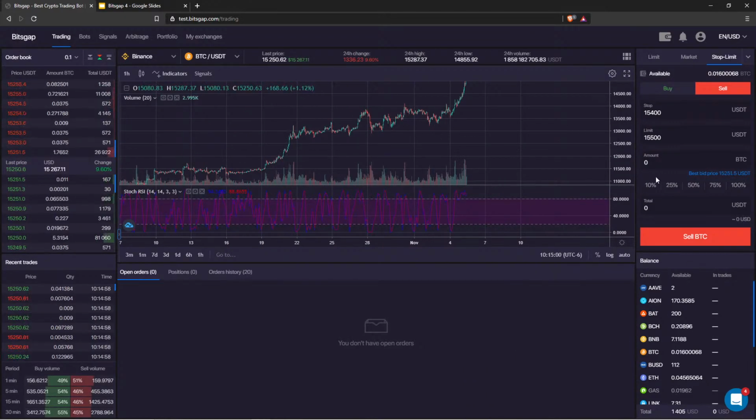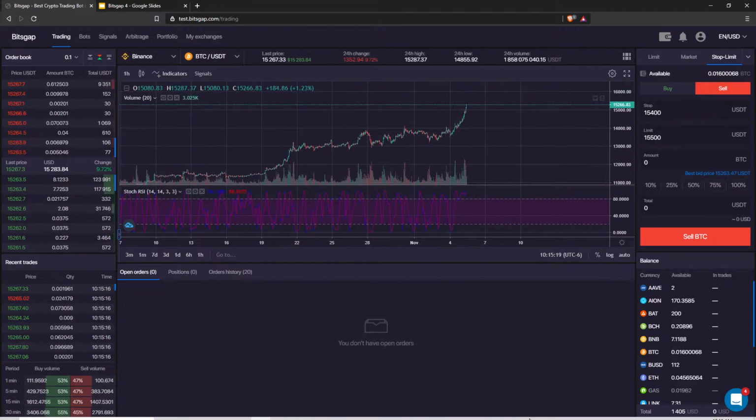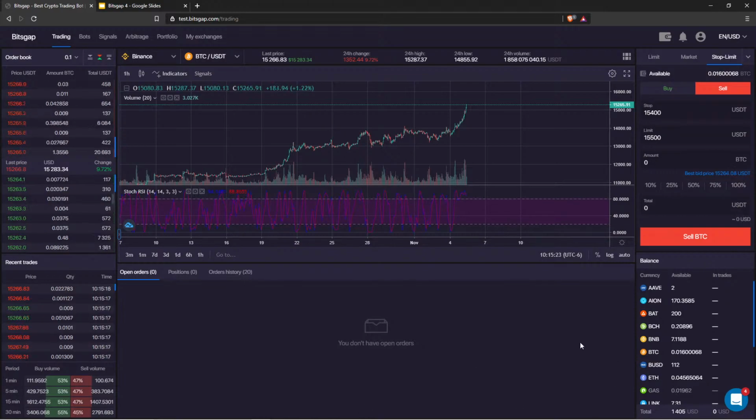I actually prefer this one because of the psychological idea behind it: on the left side you have the analytics board, and on the right side, as soon as you finish your analytical research, you move to initiate a trade. So all information is basically here.